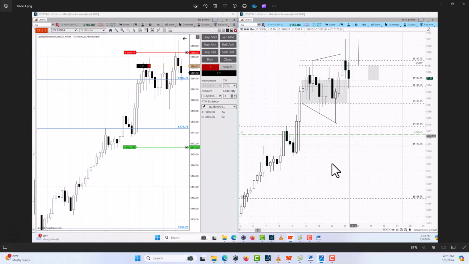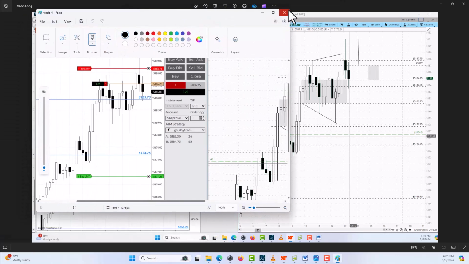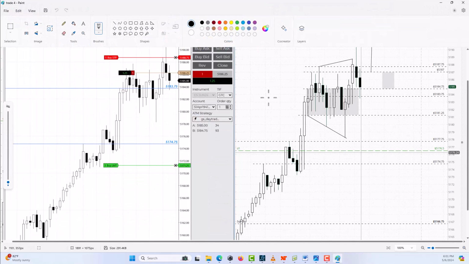That's the mistake we made. Okay, so trade number 4, we are right here. So basically it would be a fake breakout at this level.